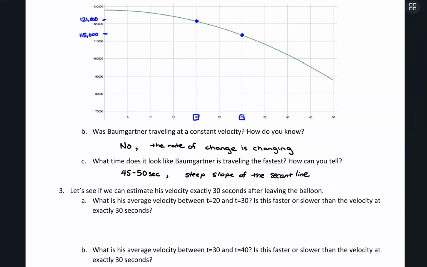With that, we're going to go 115,000 minus 120,000 divided by 30 minus 20. Let's get an estimate from our calculator here, divided by 10. I'm getting an estimate of negative 600.